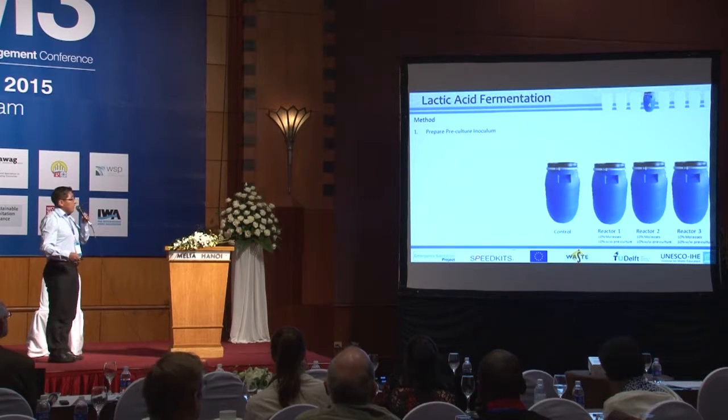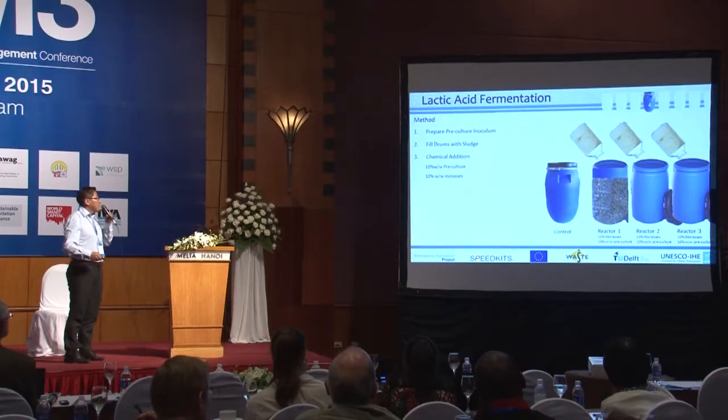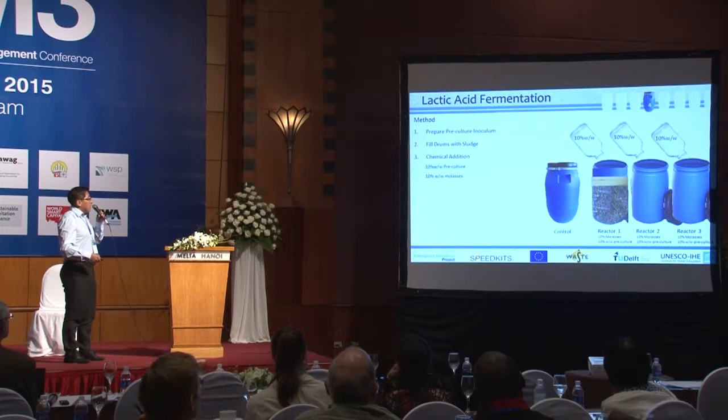Once we have it, we had 4 different reactors in a triplicate and one control. We filled the drums with sludge, and we added the 2 additives to use this method. The composition or the concentration was 10% weight to weight.